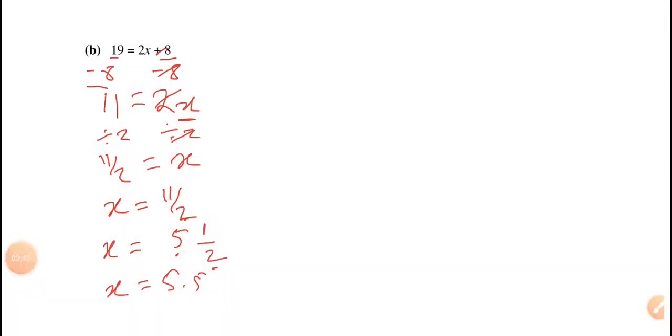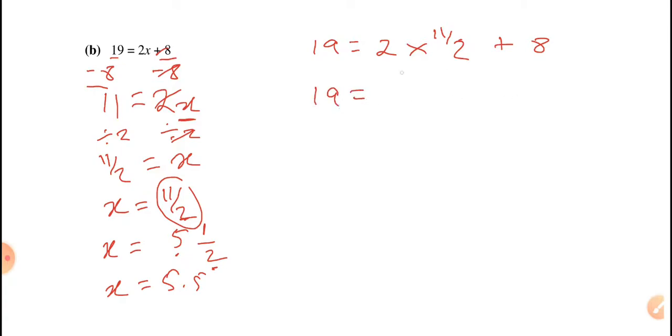And then we can check our answer still. So 19 is equal to, instead of 2 times x, we can write 2 times 11 over 2, plus 8.